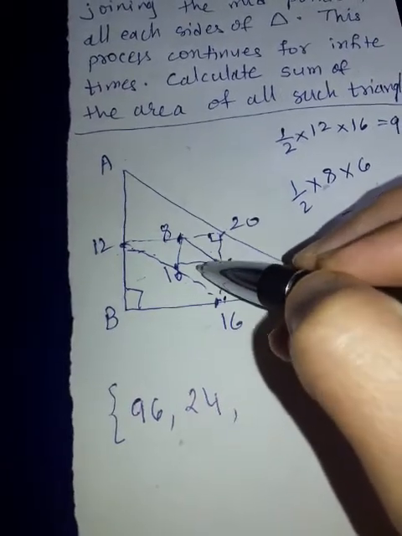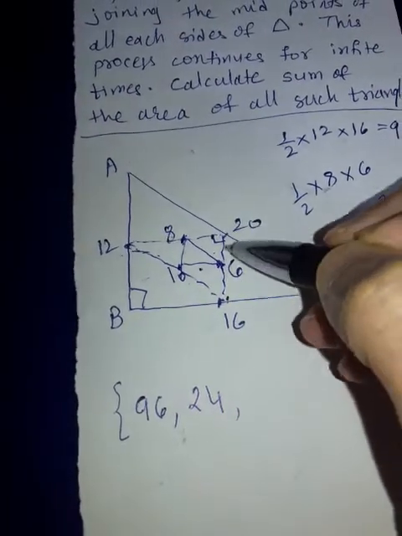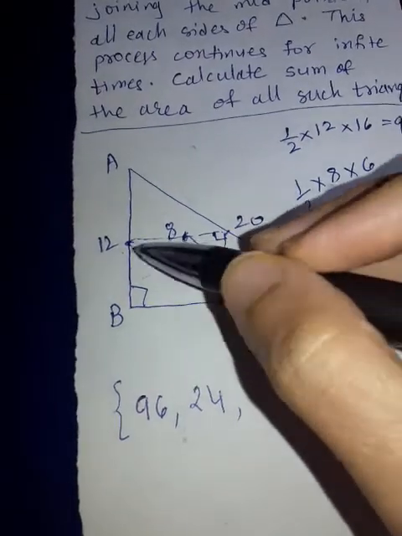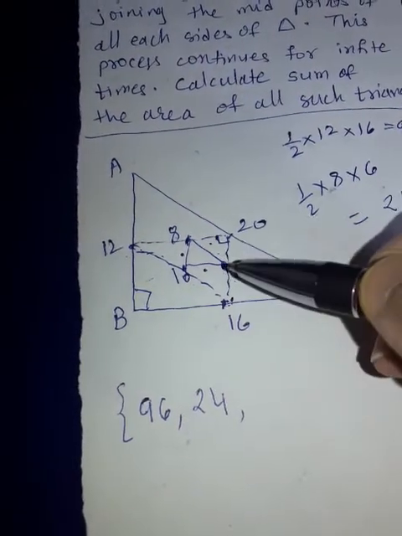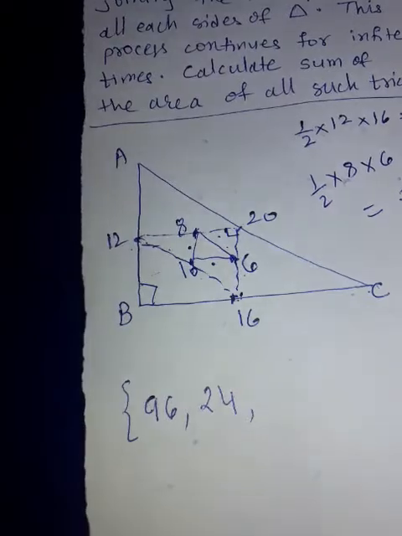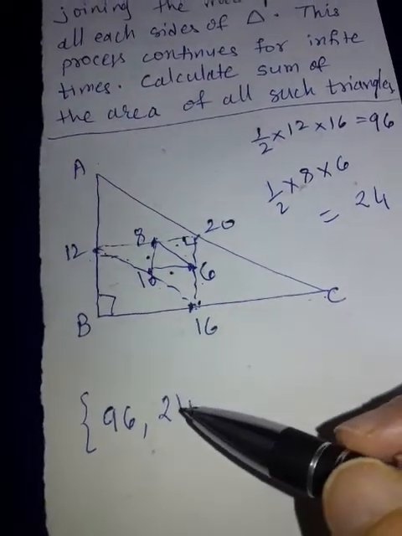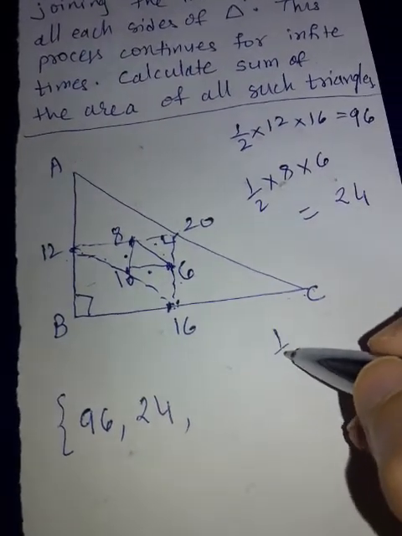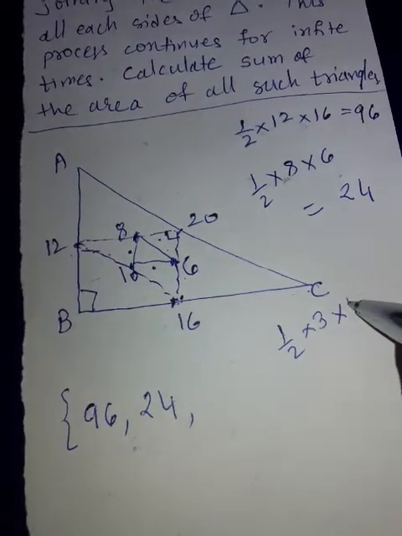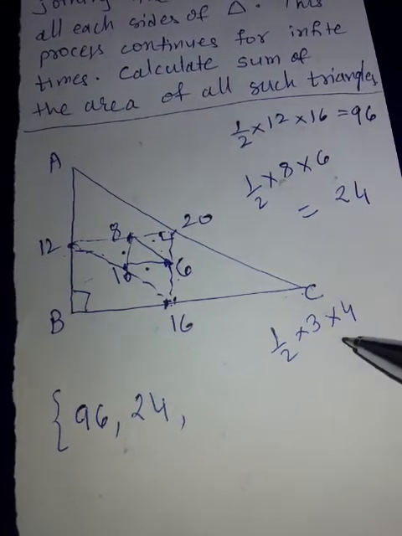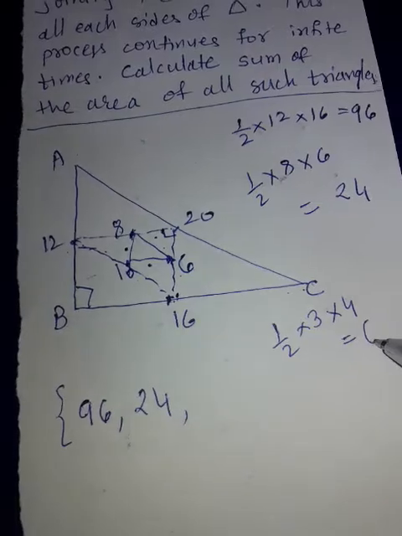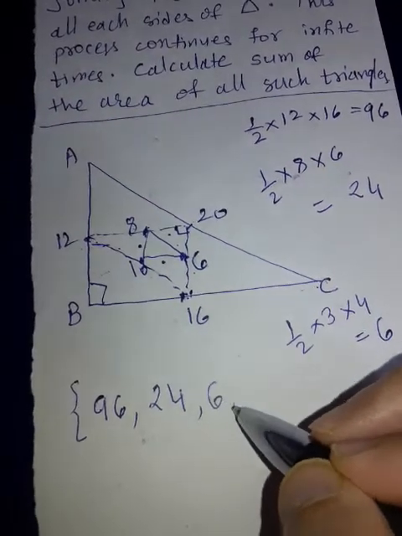If this is 8, this will be 4. If this is 6, this will be 3. If this is 10, this will be 5. So 3, 4, 5. Again take the area. 3, 4, 5, that means half into 3 into 4. 5 will be the hypotenuse, so 3 and 4 will be perpendicular sides, which is 6.